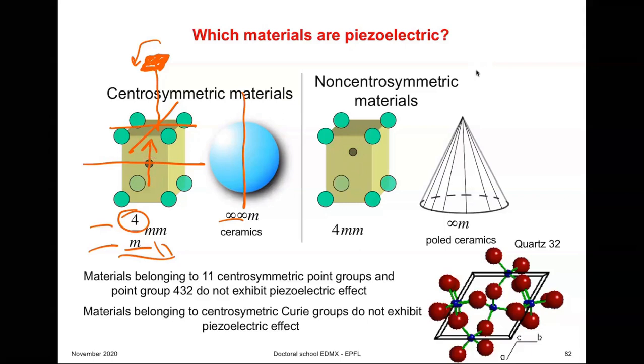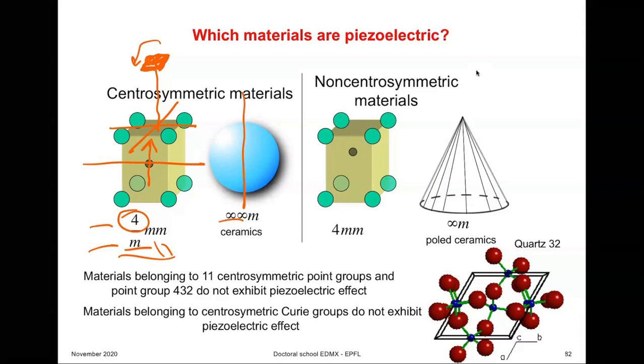If we have this ceramic here and we apply an electric field on it, we may orient polarization, we may polarize grains, orient them in different directions, and the symmetry of such ceramic will change and will become the symmetry of a cone.